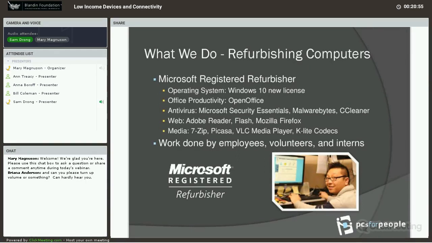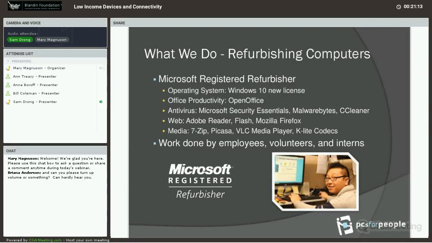Once they do that, they have access to the technology that we offer. We offer free desktop computers, and we also offer a $30, a $50, and a $100 model computer.